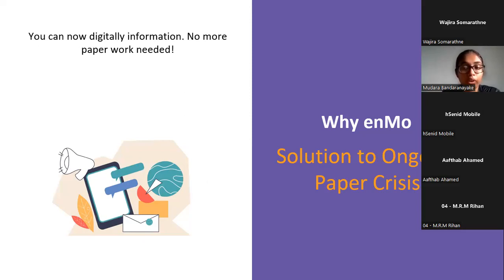So you don't have to work with paper anymore. Even government officers or any other officers, we can reduce that paperwork. Even at schools, we can reduce that paperwork and go for digital information sharing, because it's one mobile app. You can just view all the content there, content as in pictures, images, the information.